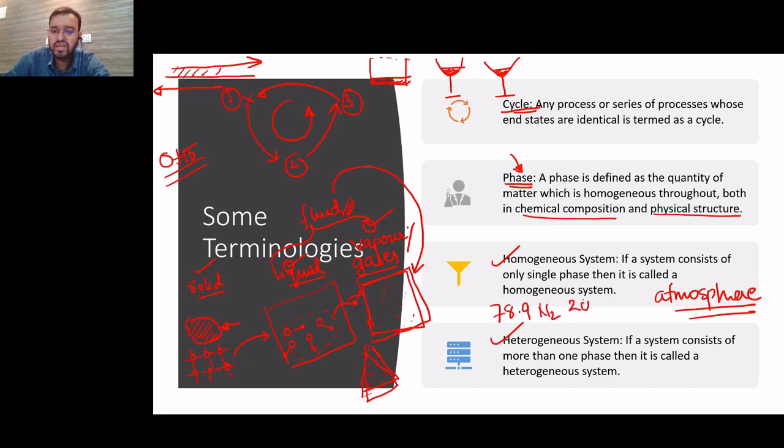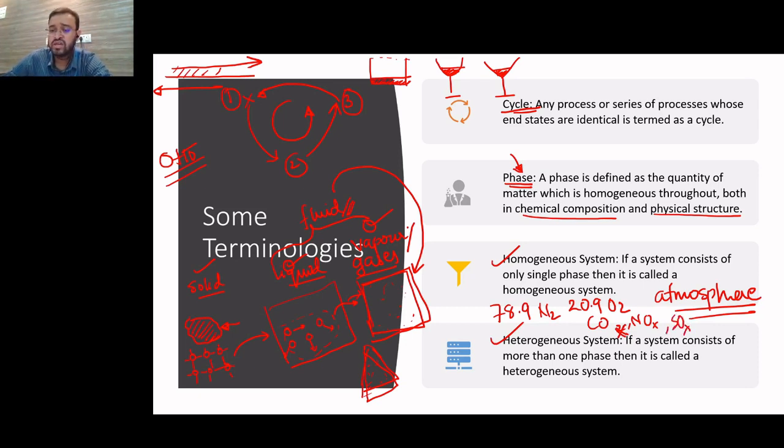You have got 20.9% of oxygen, and it's more like 20.99 and 78.99. And then you have got trace amounts of other gases such as carbon dioxide, nitrous oxides, carbon monoxide, and sulfur oxides as well.